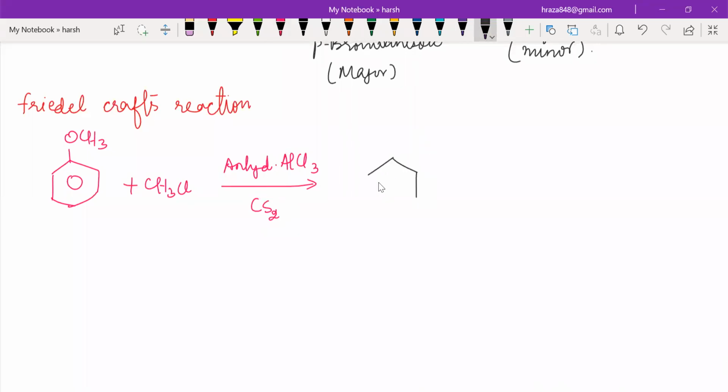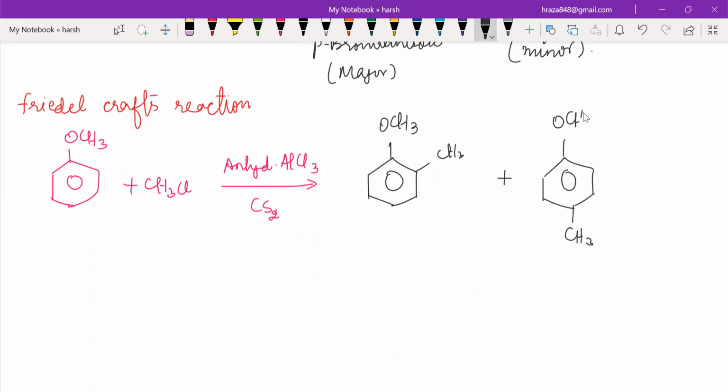So this CH3 will be added at ortho and again at para. So you know the major product. Para will be major and ortho will be minor. So this will have the name 2-methoxytoluene.